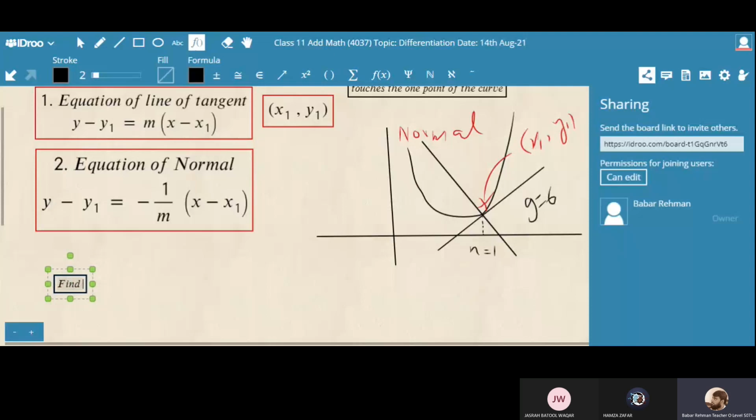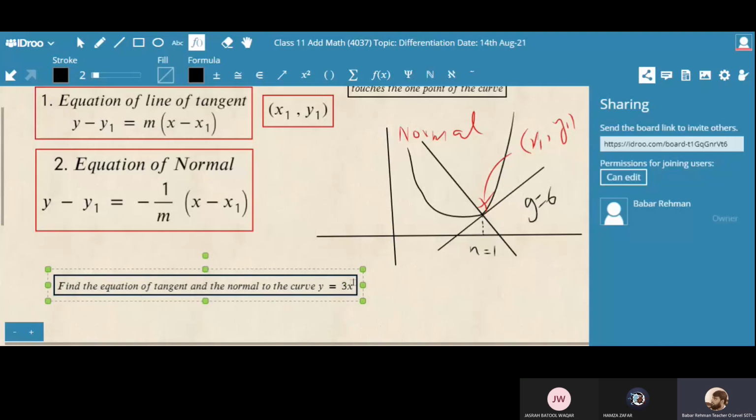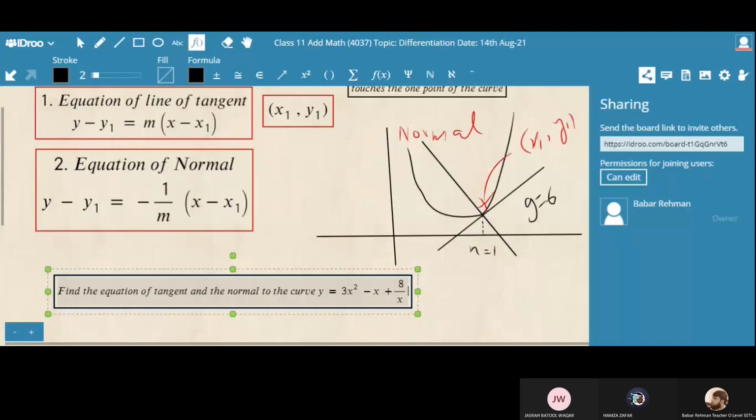Find the equation of tangent and the normal to the curve y is equal to 3x square minus x plus 8/x at the point where x is equal to 2.